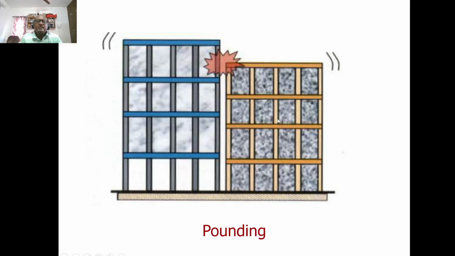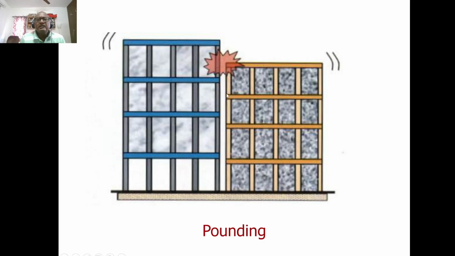So the next topic is pounding. For example, if you construct two buildings very near to each other, they pound each other. Each building is going to vibrate left and right. We know that roughly the drift is going to be not 4 times h, which is the code given value. Slightly more is also a possibility.